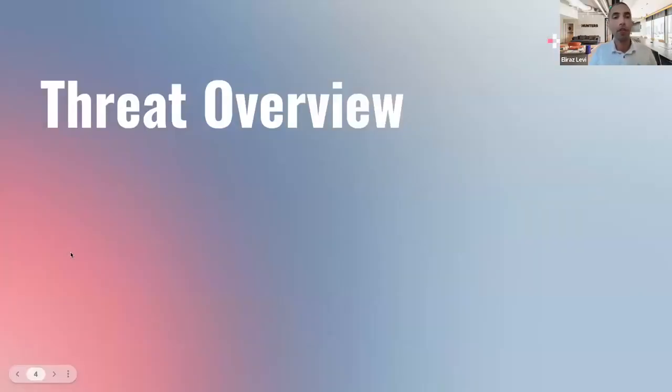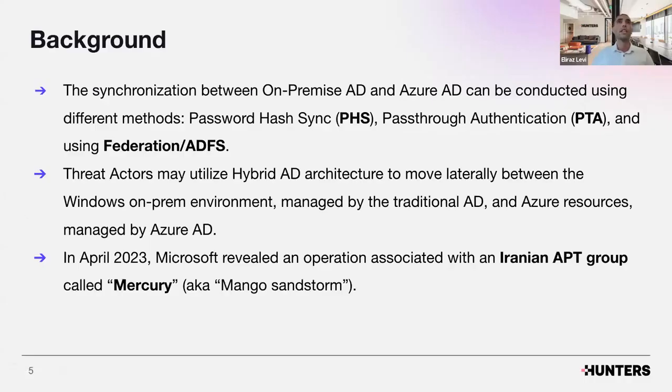But before we jump into the offensive and defensive aspects, let's do a short overview that will assist us in understanding the attack scenario later on. So the synchronization between the on-prem environment and the Azure AD environment can be managed by different methods and architectures.